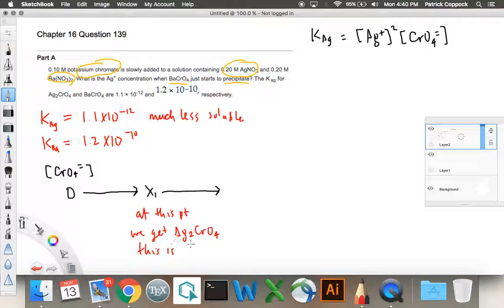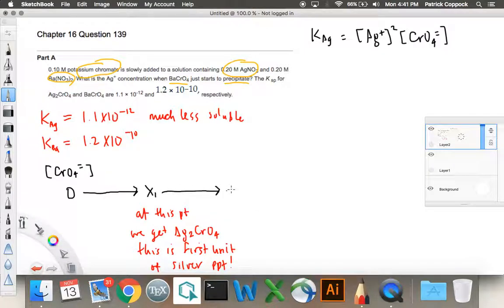This is the first unit of silver precipitate. That's where we get the first unit of it. Anything less than that is not going to precipitate silver, and anything over here is not going to precipitate silver either. So while we're coming along here, we're precipitating silver.